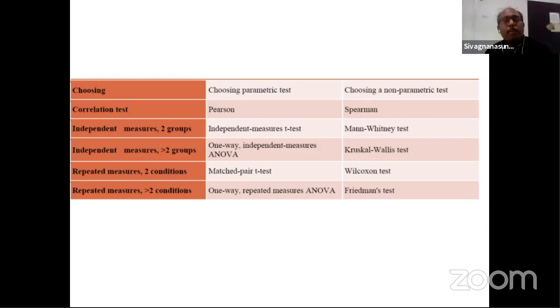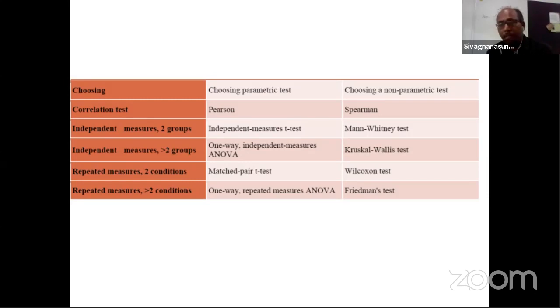And for repeated measures, the paired t-test covers only two times, T1 and T2. If data is taken at multiple times, for example time 0, time 1, time 2, time 3, time 4, then we use repeated measures ANOVA in case of parametric data and the Friedman test in case of non-parametric or categorical data.